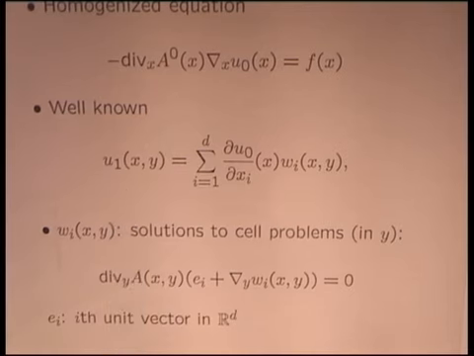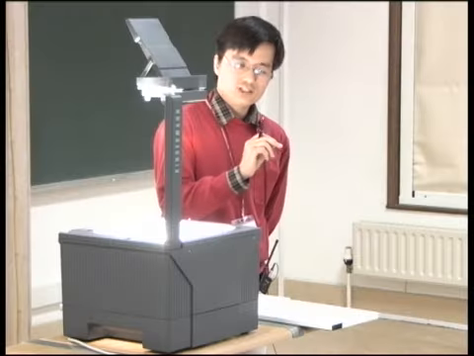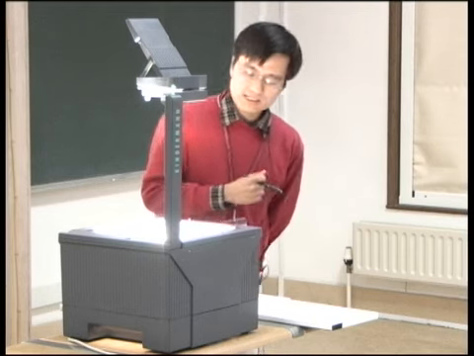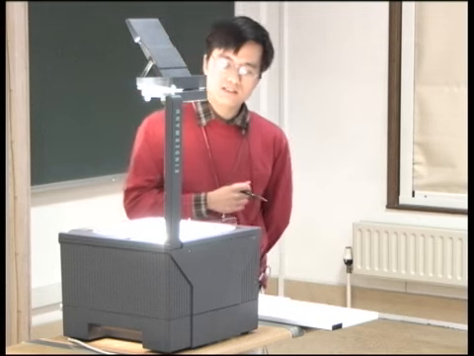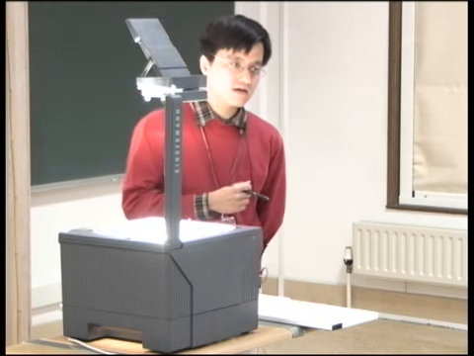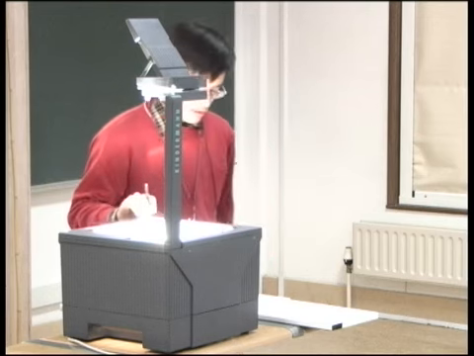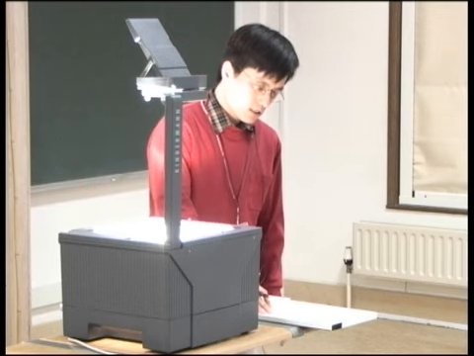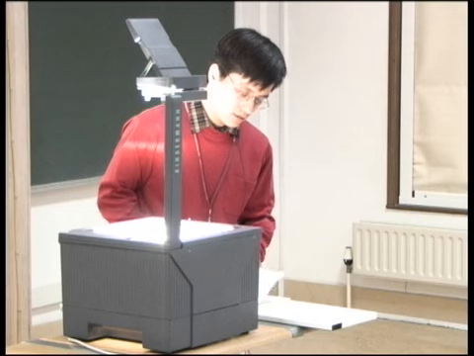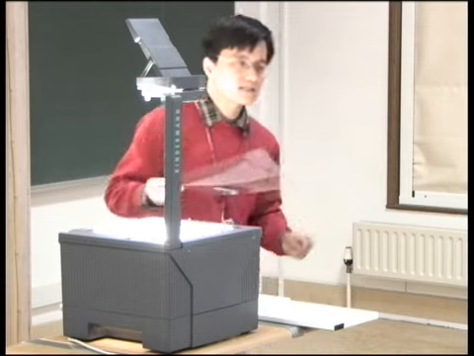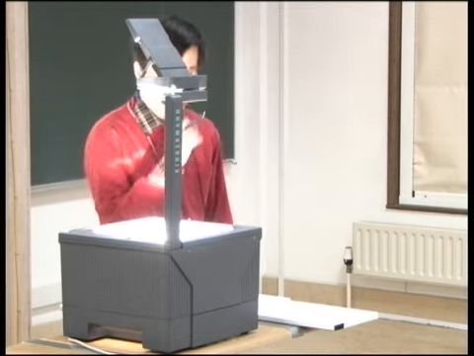and then we put this and w_i into here, we have u1. But then if we want to find w_i(x, y), we need to fix a lot of points, say x1, x2, and then we solve for each of them an equation in terms of y, so it is not simple to do. Now it turns out that we can find just one equation for both u0 and u1 at the same time, and it is the well-known two-scale homogenized equations, and it has been done, I think, in 1990 or 1991, 1992.